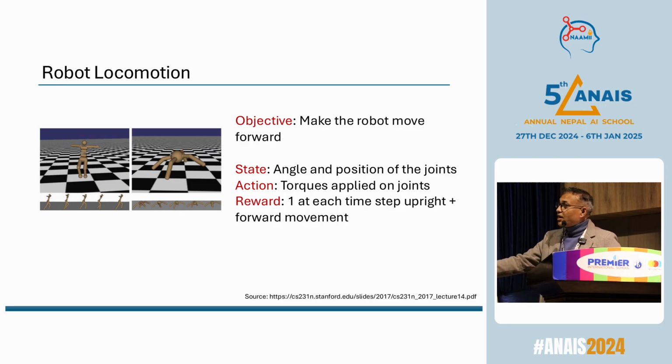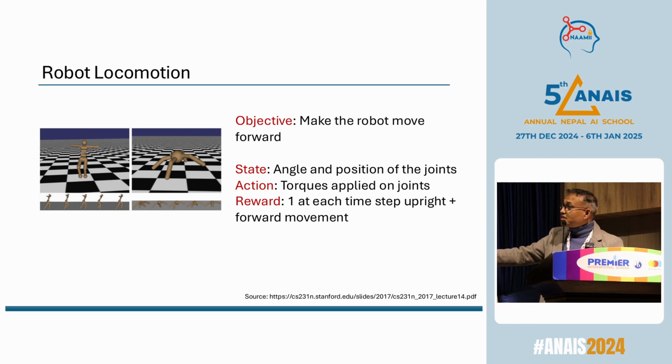So what is the state then? If this is the problem, then what is the state of this particular environment? The angle and the position of the joints. You see, there are legs and then hands, all the joints are there. So the joints make a certain angle. If all the angles of the joints are proper, then actually the robot can move.